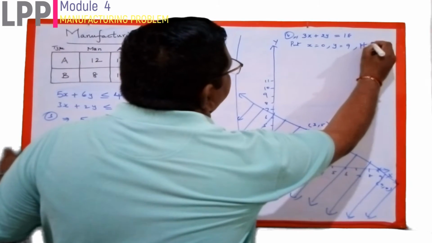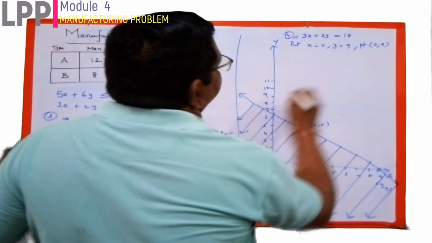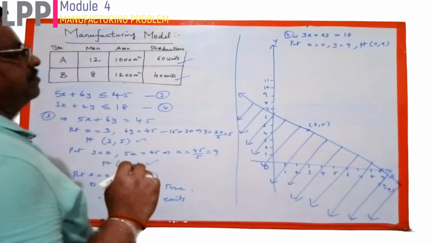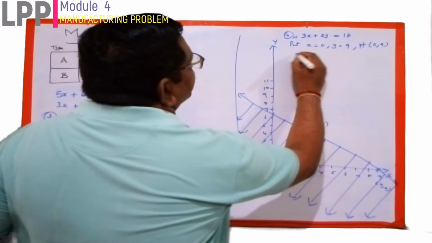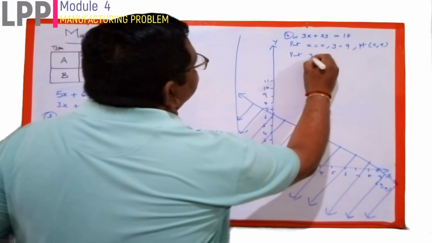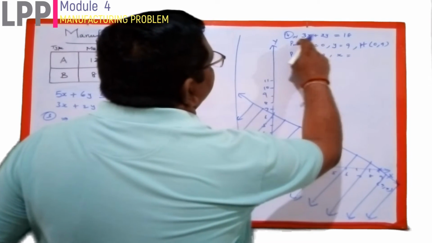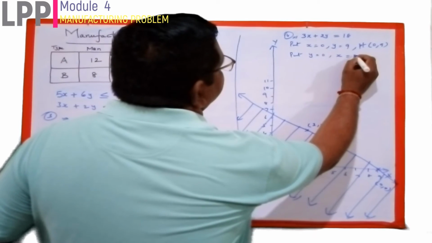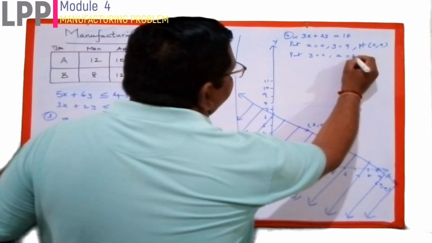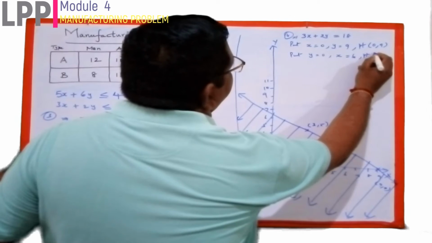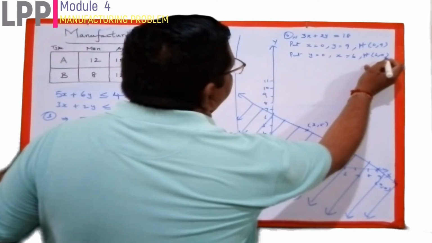So the point is 0, 9. Similarly, we put y equal to 0. When y is 0, 3x equal to 18, so x equal to 18 by 3, that is 6. So the point is 6, 0.